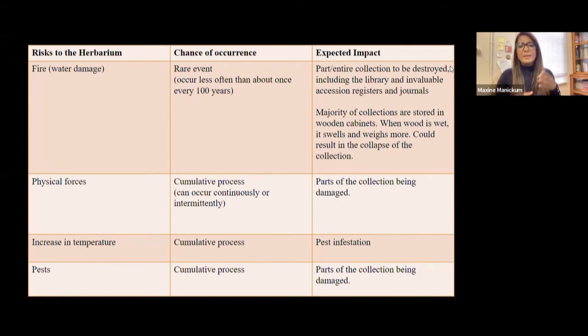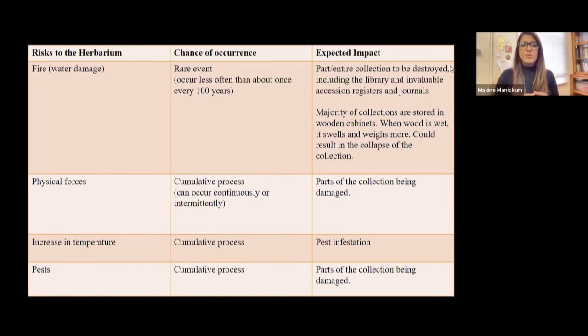Sometimes a student or an intern may handle specimens and the fruits will fall off, or the leaves will fall off, or the seeds will fall off. This damages the specimens over time and takes away from that specimen, because for research purposes, we need an entire specimen that has everything. So over time, this could lead to parts of the collection being damaged.